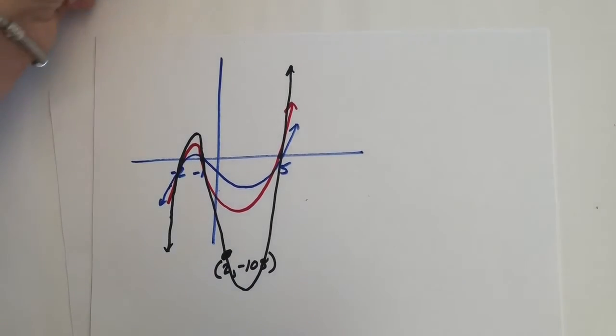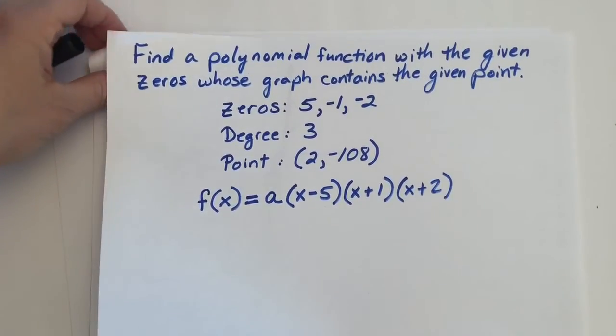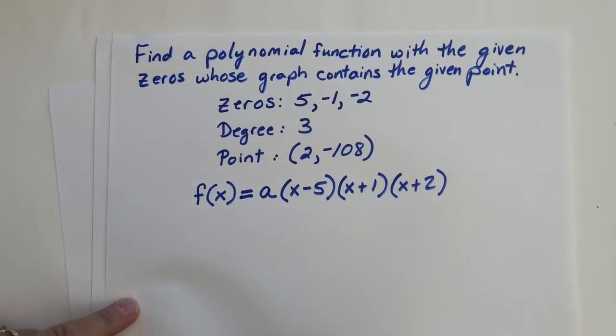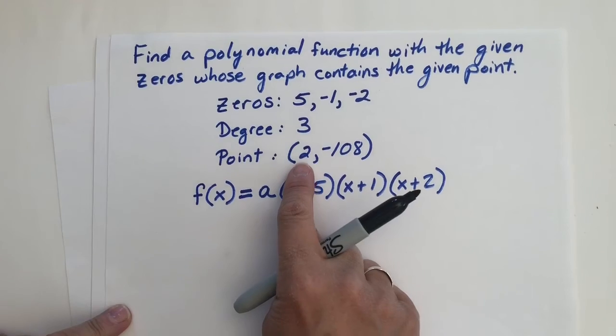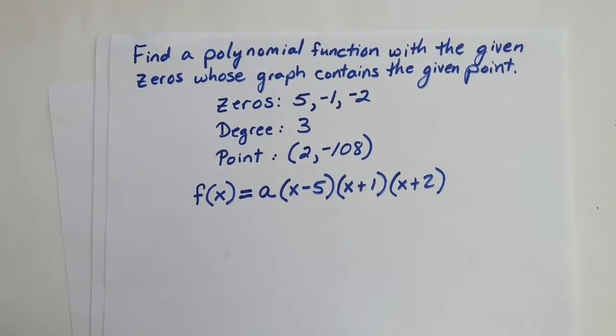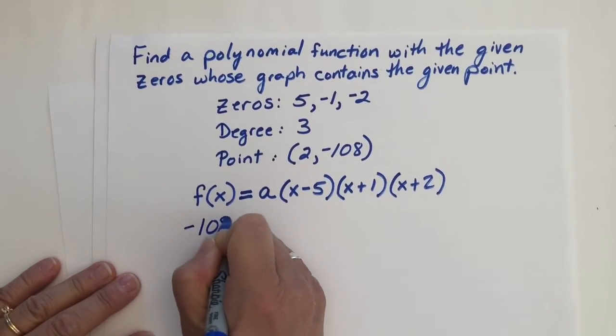So now let's come back to our equation. Our only clue is that the point (2, -108) works in the equation. So we're going to substitute x equals 2 and y equals -108 into the equation. So we put in -108 here.